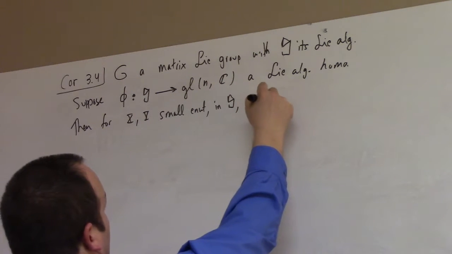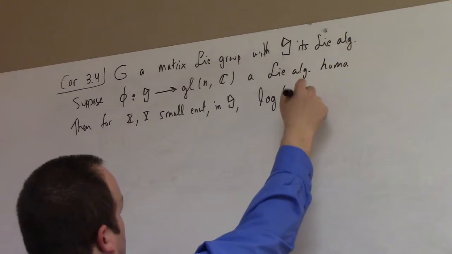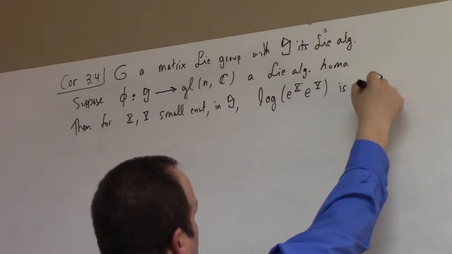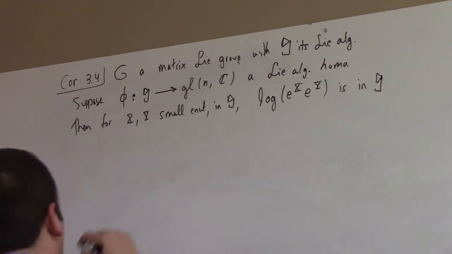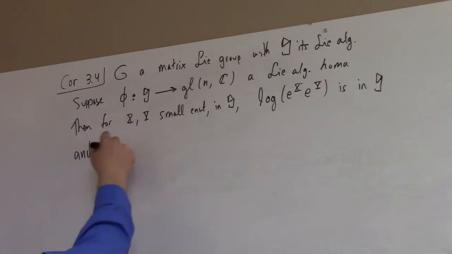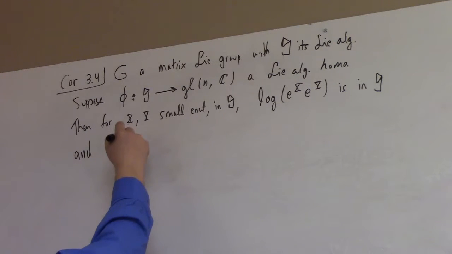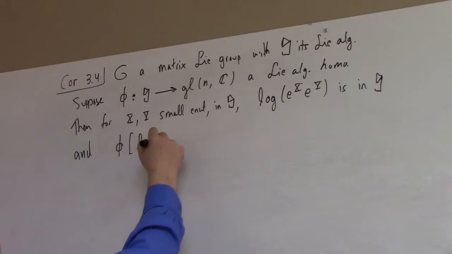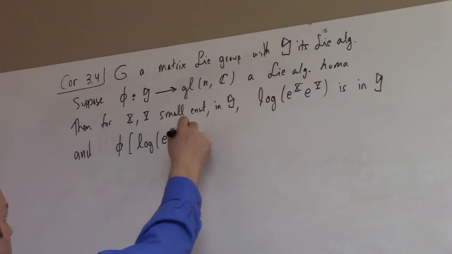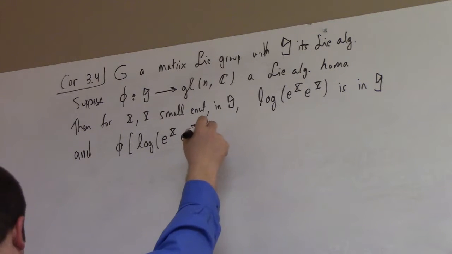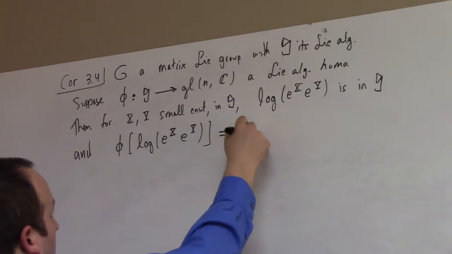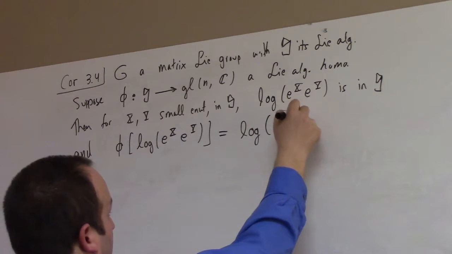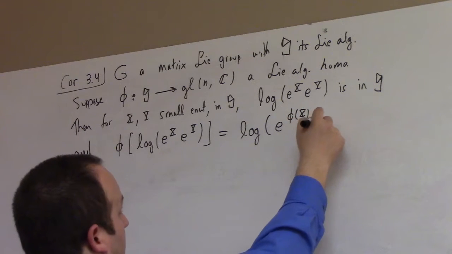the log of e to the x, e to the y is in fraktur g, and punchline, phi of the log of e to the x, e to the y is equal to the log of e to the phi of x, e to the phi of y.